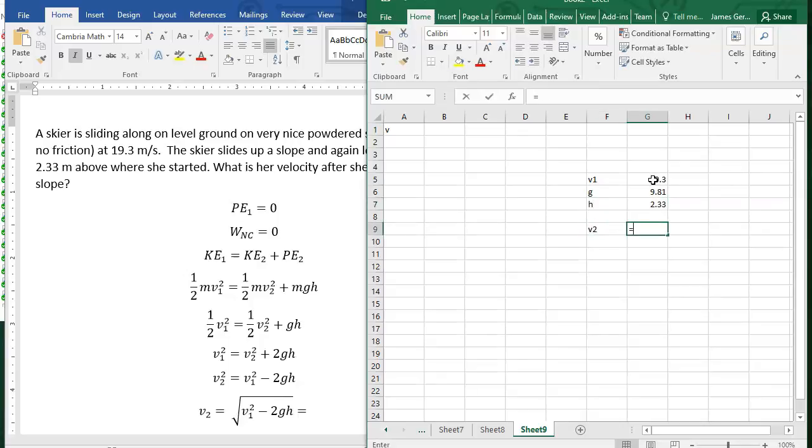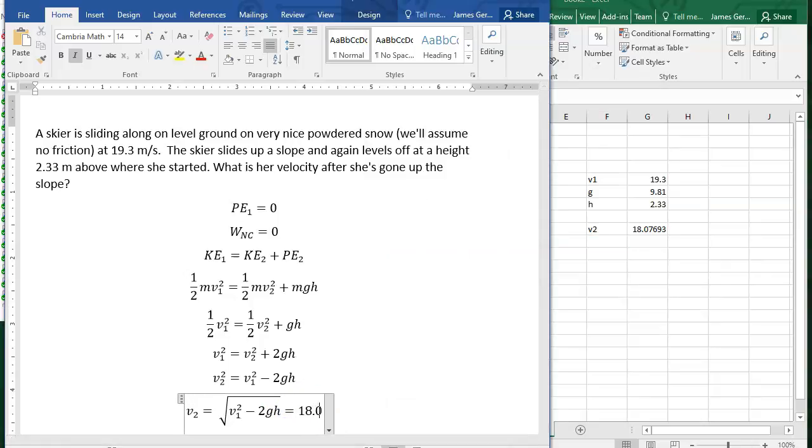So v2 is the square root of v1 squared minus 2 times g times h. v2 is 18.08 meters per second. We started out at 19.3, and we're now at 18.08. We lost some kinetic energy and gained potential energy. 18.08 meters per second. And that's it for this problem.